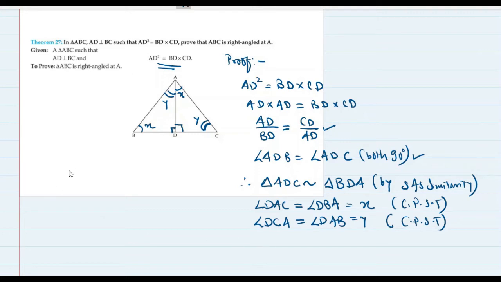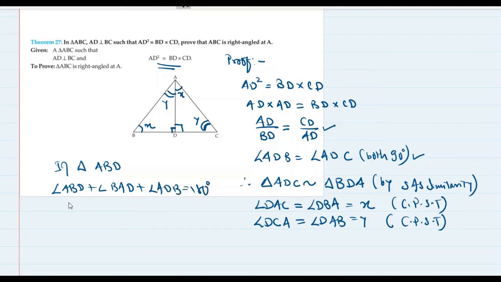Now very important because we are approaching the end of the proof. After all this you will write this: in triangle ABD, angle ABD plus angle BAD plus angle ADB is equal to 180 degree. Why?